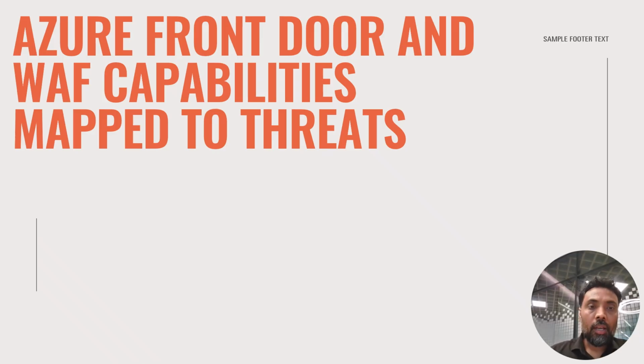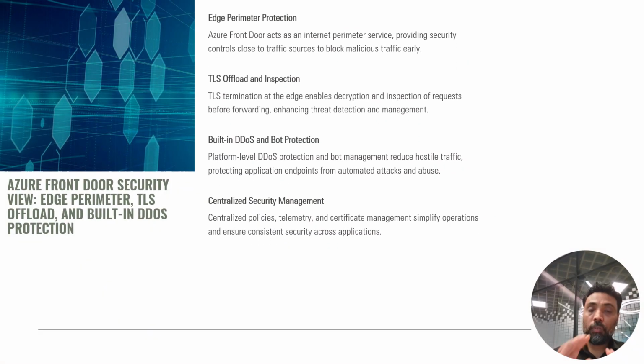Azure Front Door acts as your internet-facing perimeter. It provides platform-level protection, TLS termination at the edge location, and bot protection. Since TLS offload happens at the edge location, it allows Front Door to decrypt and inspect traffic before forwarding to your origin, before forwarding to your VNet, where the firewalls or other application components are sitting.